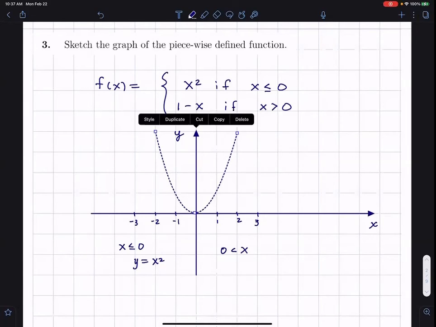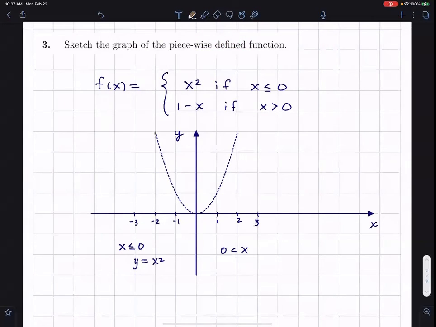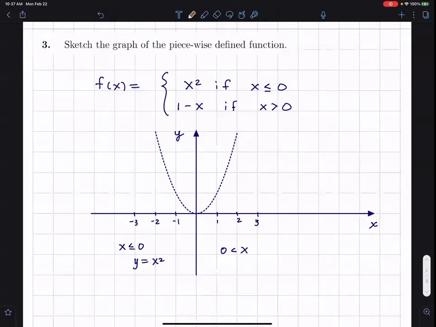But I'm only going to bold, or make dark, or color in that part where x is less than or equal to 0. So I did the whole parabola just so I can get started on it, but I really only want the part where x is less than or equal to 0.